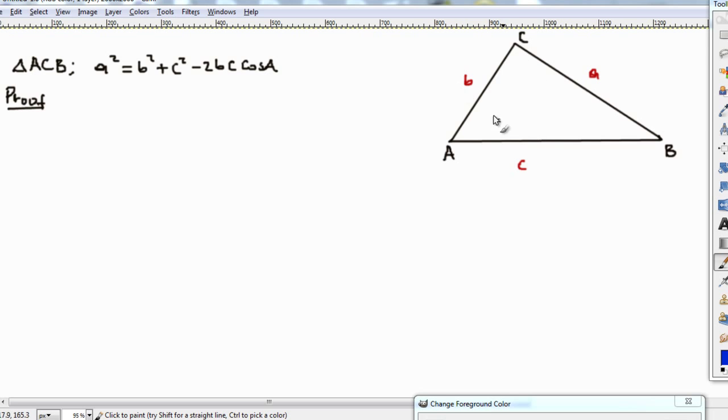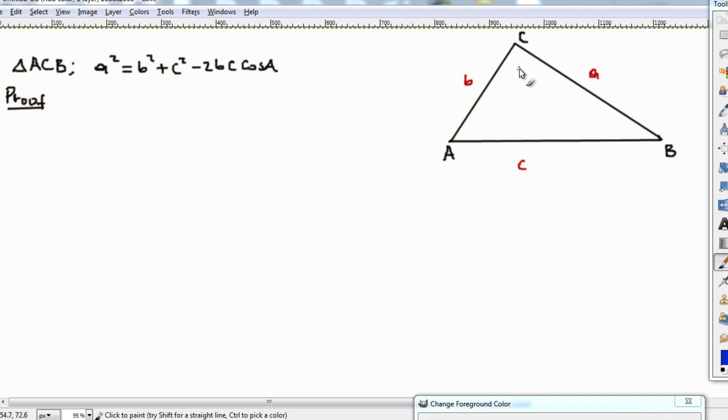we construct two right angle triangles from this triangle, and then we apply the Pythagoras theorem to those two right angle triangles.